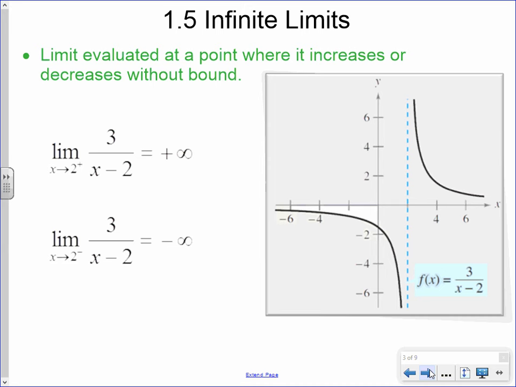So before, if I asked you these limits, you would put does not exist. If we have that unbounded behavior, I now want you to put either infinity or negative infinity. Does not exist technically would not be incorrect, but I want you to describe it if it is the unbounded behavior.